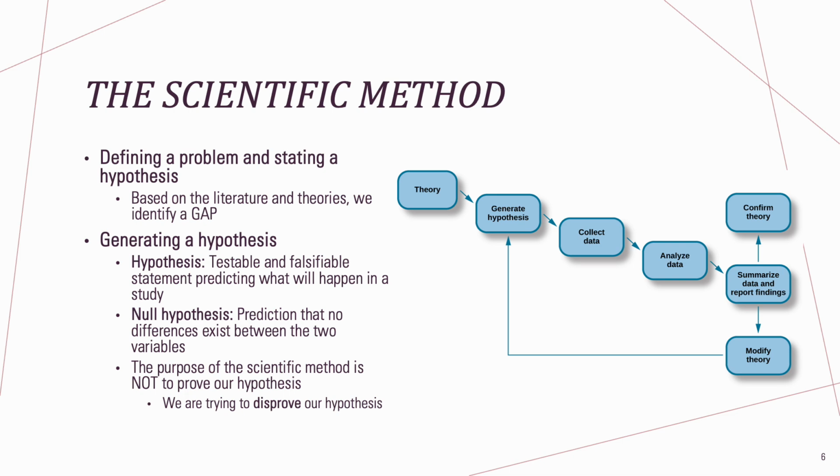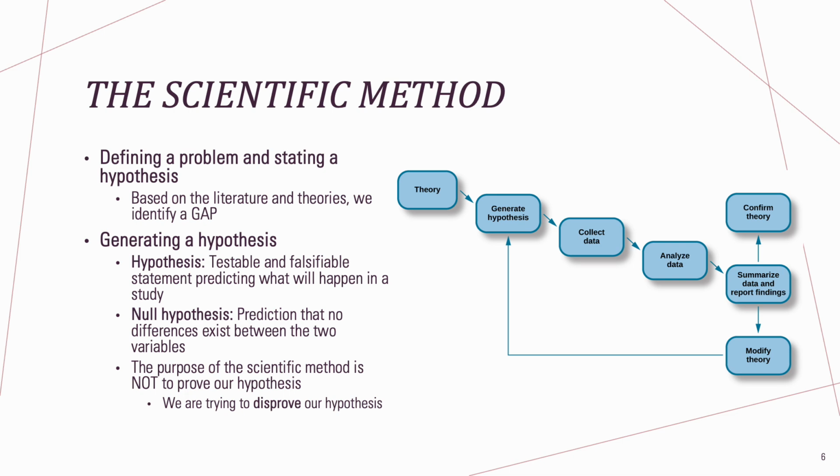So as a researcher, you have some sort of knowledge of the area you're working within, you're identifying a gap or problem, and you're starting to generate your own beliefs and your own hypotheses based on the research that you've read and your own experience conducting research. So we identify a gap and we start generating hypotheses.